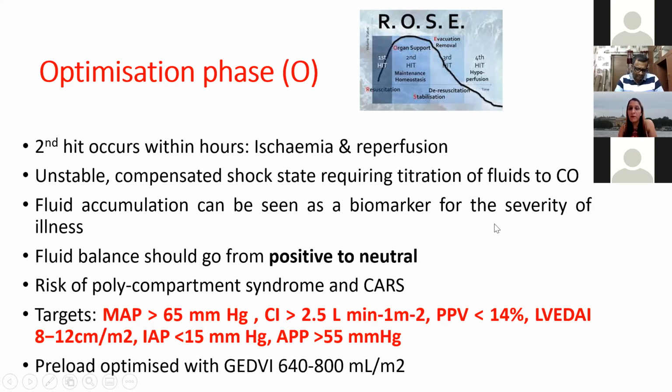So the fluid balance should go from positive to neutral, because at this phase there is always a risk of polycompartment syndrome or CARS. The targets of the optimization phase are a MAP of more than 65, cardiac index more than 2.5, pulse pressure variation less than 14, LVEDA 8 to 12 centimeters, intra-abdominal pressure less than 15, or an abdominal perfusion pressure of more than 55.